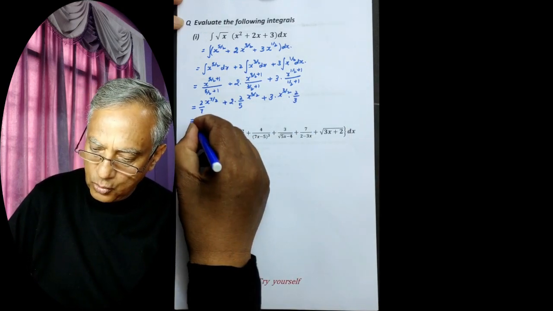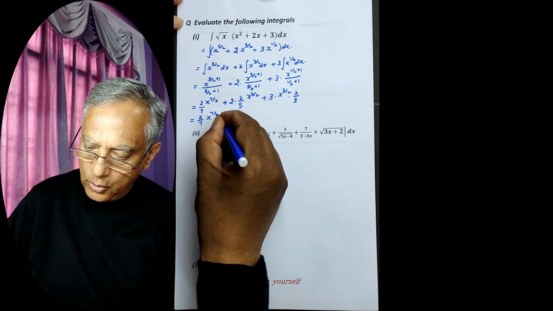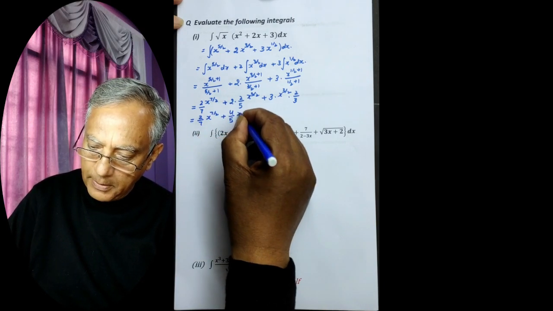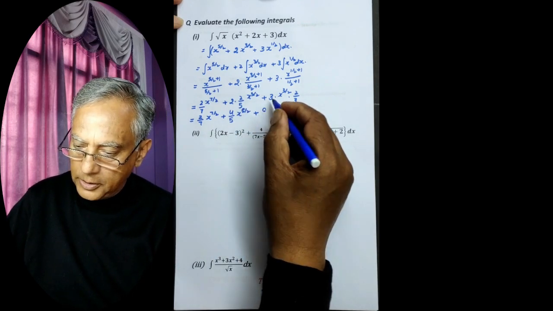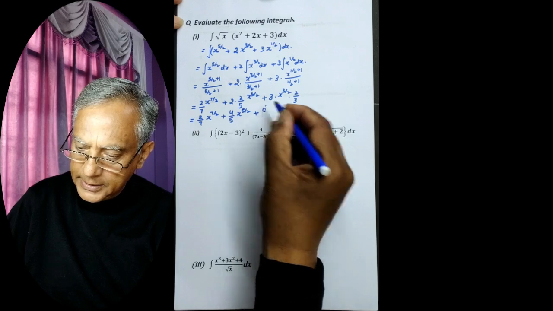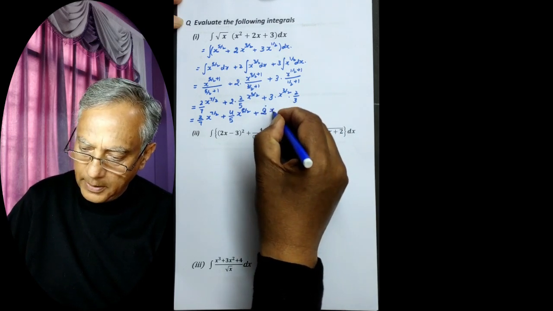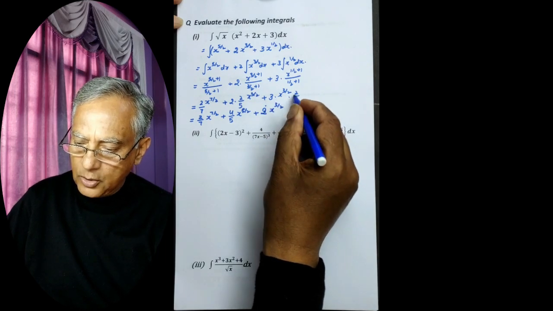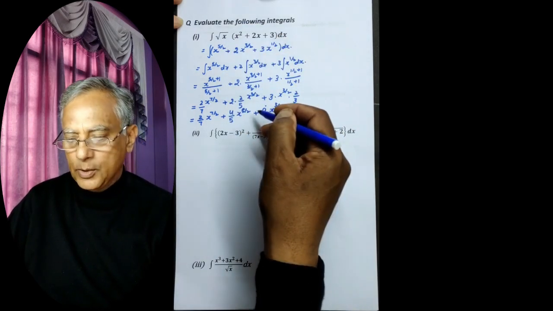And this is equal to 2 by 7, x to the power of 7 by 2 plus 4 by 5, x to the power of 5 by 2 plus 3 2s are 6, 6 by 3, that is 2, x to the power of 3 by 2, this cancels with this and we get 2x to the power of 3 by 2. Now this is the result.